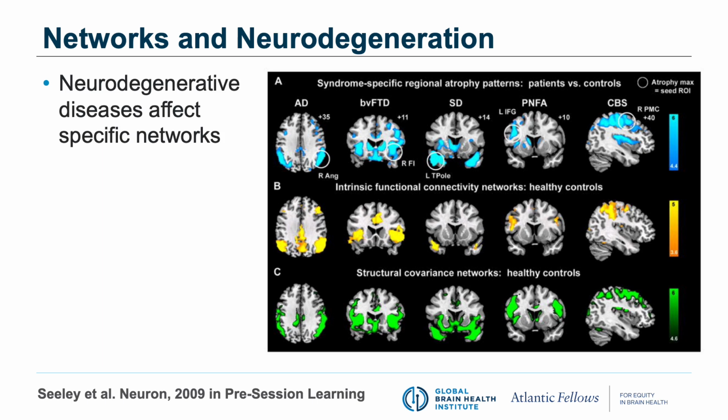And he basically replicated that in each of the major neurodegenerative syndromes, where the relevant atrophy pattern exactly matches the corresponding network of blood flow relationships in normal individuals.